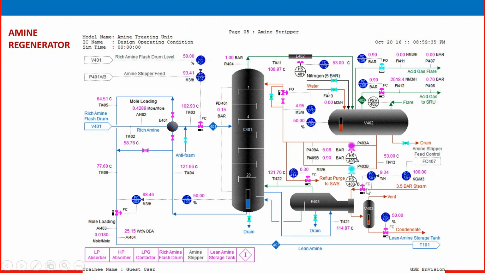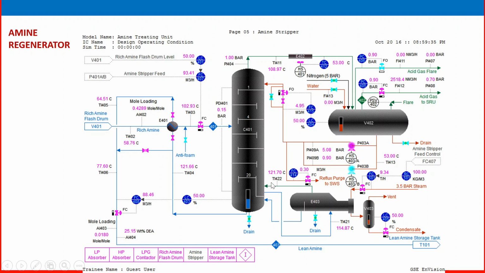See, 3 bar steam is coming, the steam is on the tube side and the amine is entering the shell side. The heater provides the required heat from the steam, and the heated amine enters the bottom of the stripper at around 121, 120.